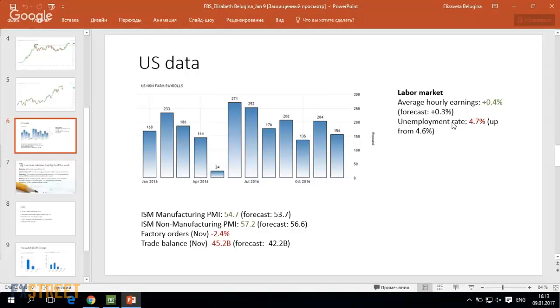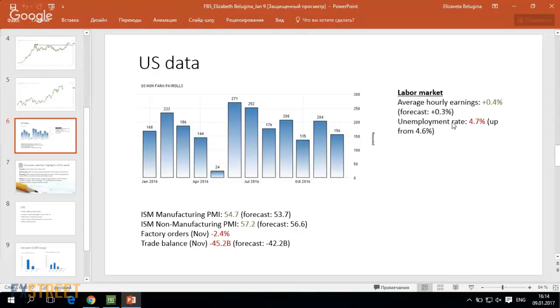Of course, these forecasts of the Federal Reserve members are not obligatory for them, so they don't have to increase rates 3 times if they don't feel like it. It's just how they view the situation, what they think will happen. I can remind you that the FOMC members' forecast for the year of 2016 didn't come true. They expected to raise rates 4 times in 2016, but actually did so only once in December. So these are just forecasts.